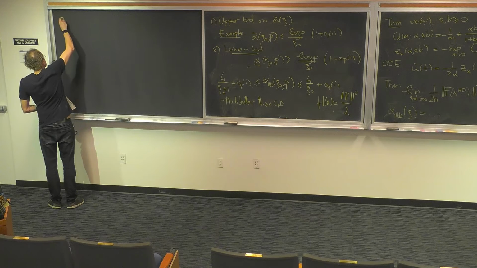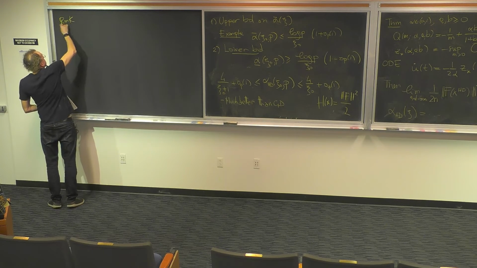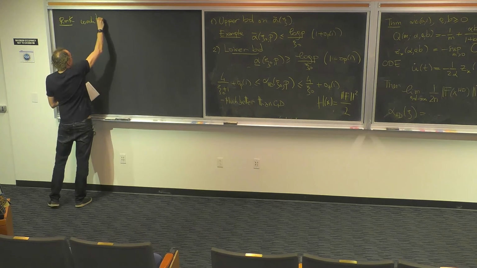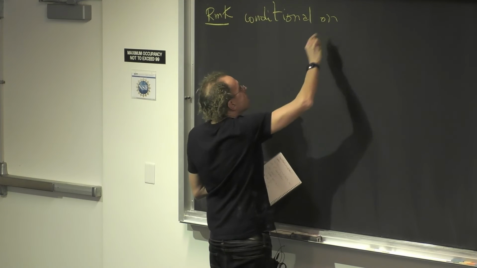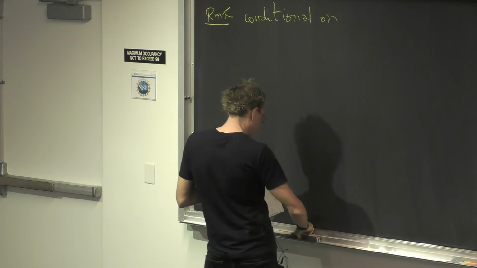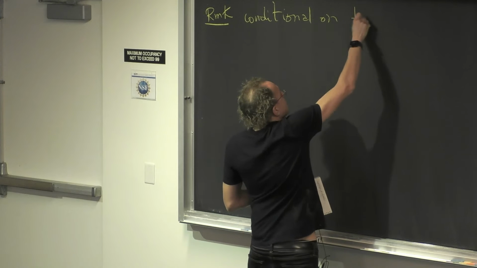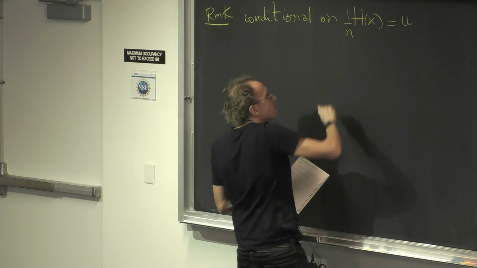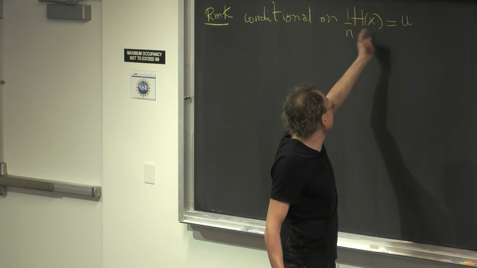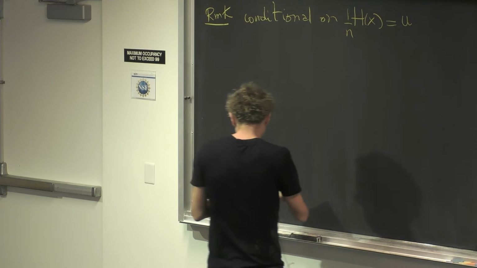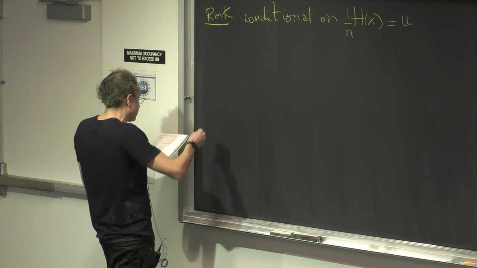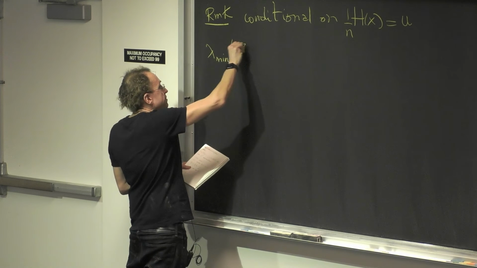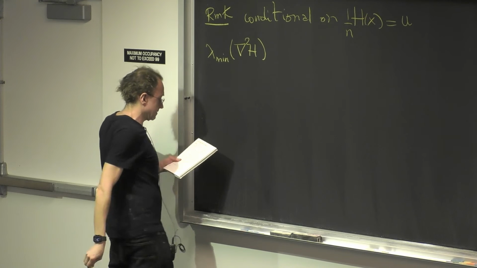So the key remark or lemma, I'll write it informally, is that conditional on h of x equal to U. So what this ODE traces is really this energy per constraint, and conditional on that, this function Z star is simply the minimum eigenvalue of this Hessian at x.